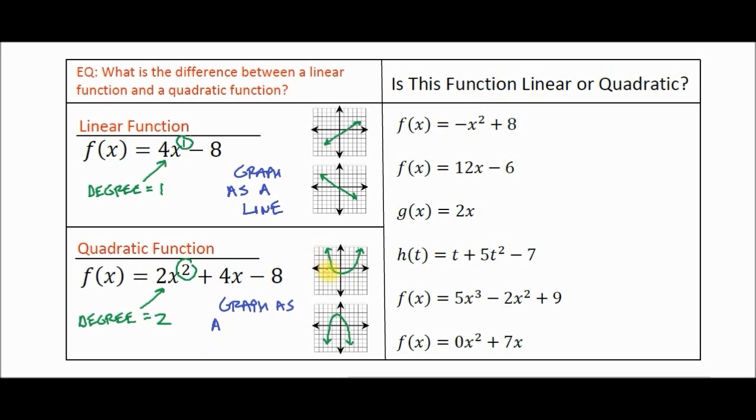This name of this shape, this U shape, upside down or right side up, is called a parabola. There's a new term you need to know. It graphs as a parabola. Every quadratic function will graph either as a right side up parabola or an upside down parabola.